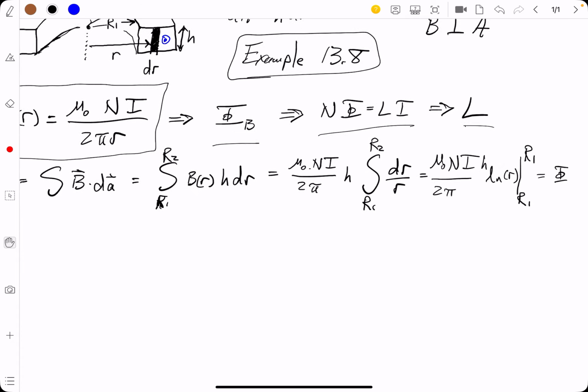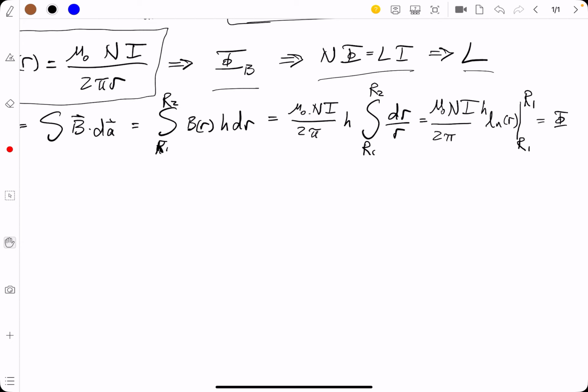So let's come back down and actually write that out. Put it here. Phi is equal to mu naught. Should we move the h out? Put the little guys in front. Put the pawns out in front, right?